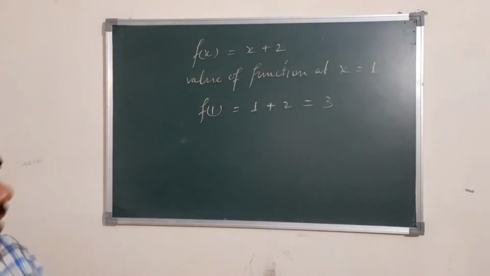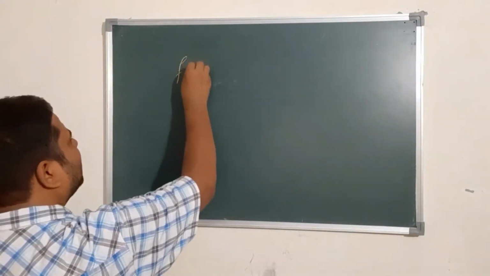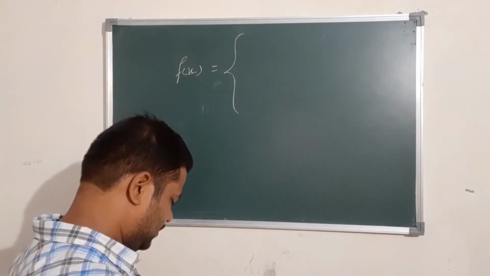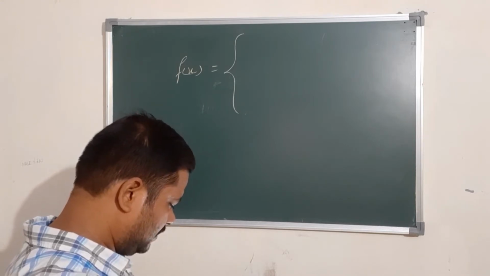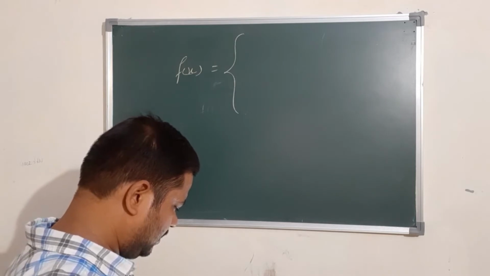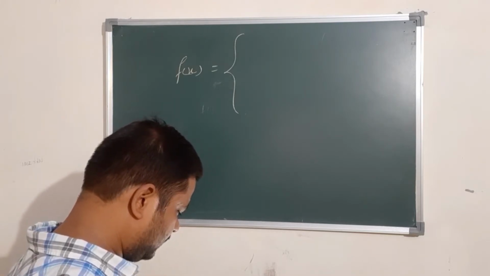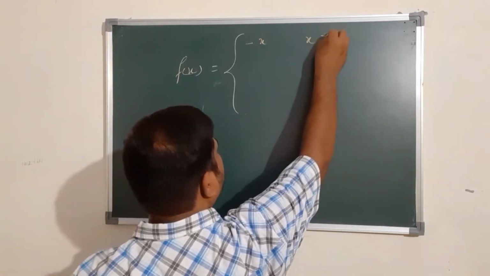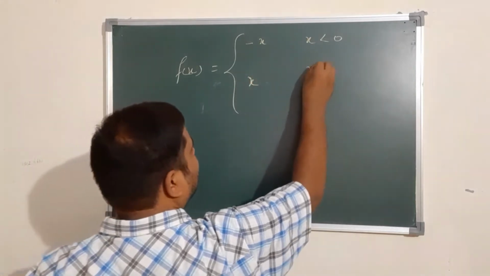Suppose we consider the function f(x) is equal to minus x if x is less than 0, and f(x) is equal to x if x is greater than or equal to 0. This is the modulus function.